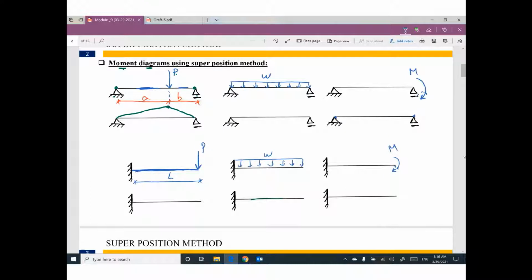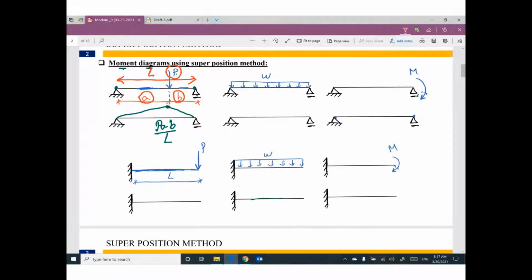And this value of moment will be P A B divide L. I'm sorry. The applied load times this distance divide the total distance L.